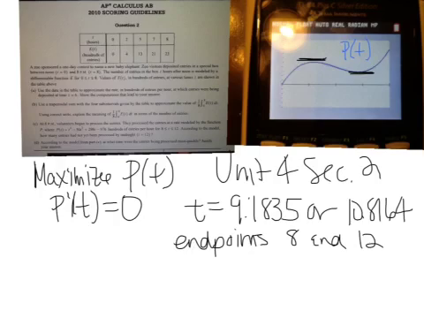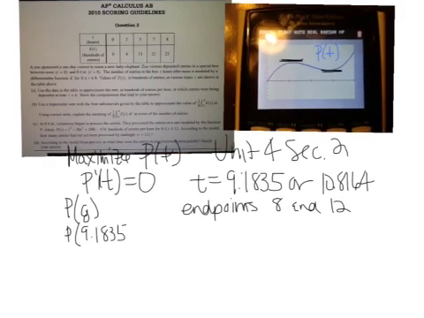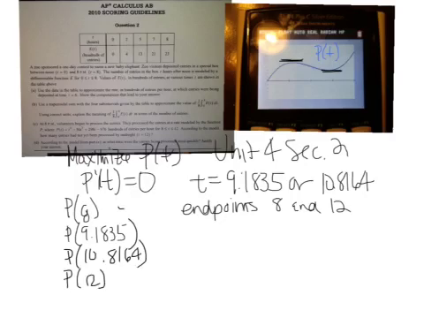So we need to figure out P of 8, P of 9.1835, P of 10.8164, and P of 12. And so we need to find each of those values and see which one is the most. So if we plug those numbers in, if you plug 8 in, you're going to get 0.